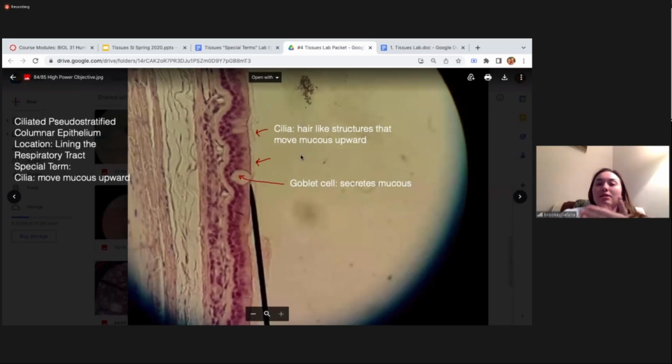That's because the cilia are pushing up that mucus that has the dirt particles or maybe bacteria, white blood cells, and it's pushing it up so you can cough it up. Does that make sense? So the function of cilia is to move mucus, right?